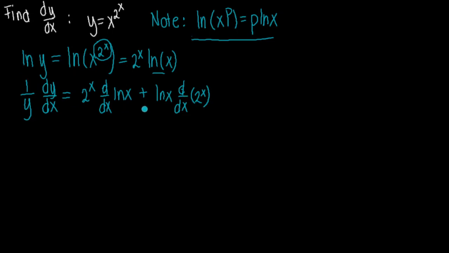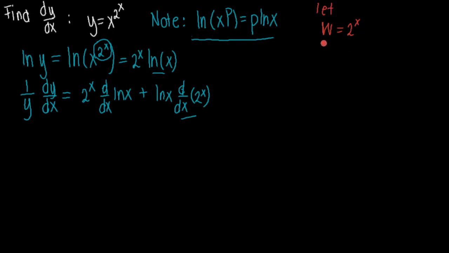Now, before proceeding, let's first take the derivative of 2 to the x with respect to x, since we're going to apply this formula again. Let w be 2 to the x. Let w is equal to 2 to the x, and we'll try to apply this here.